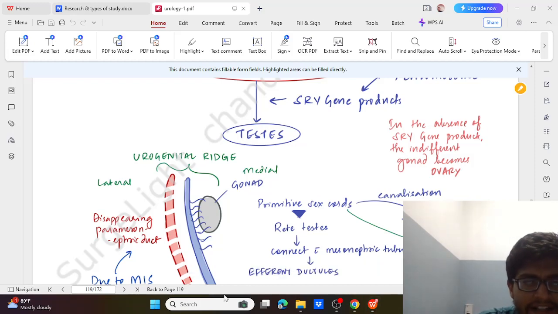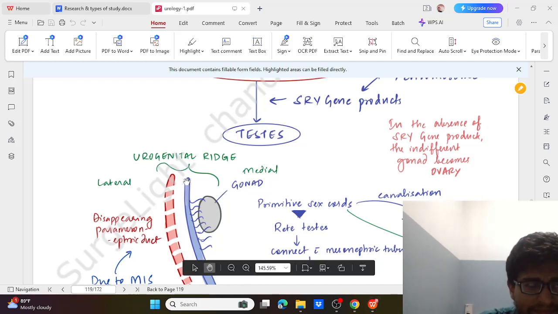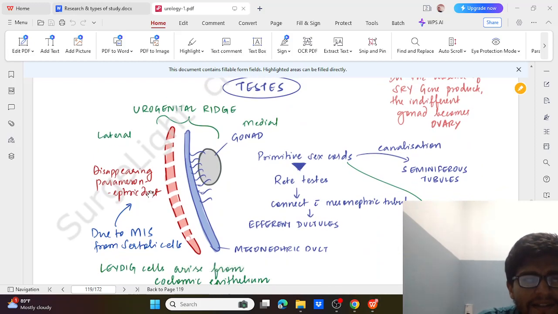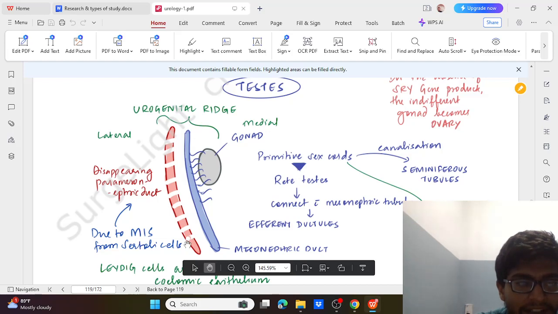So the genital ridge will be forming the gonads. The urogenital ridge, the medial part is the gonad along with the mesonephric duct, and the lateral part is the paramesonephric duct, which disappears due to MIS, that is Mullerian inhibiting substance, from the Sertoli cell.